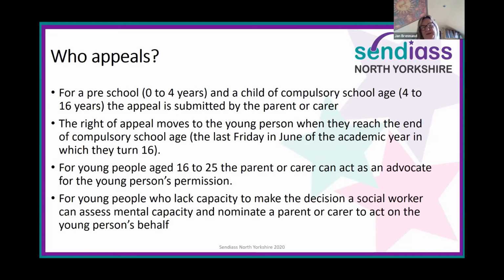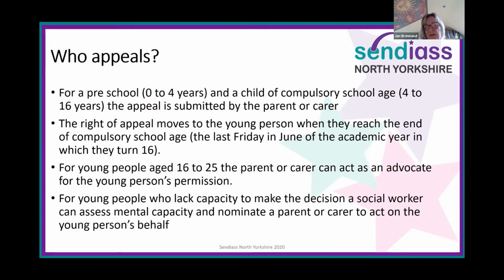So who appeals? If you want to submit an appeal for a preschool child or for a compulsory school age child, and by compulsory school age child, I know it says 4 to 16, for a year 11 child, it's on June the 30th of that school year, whether they're 16 before that or not, that they are no longer of compulsory school age.